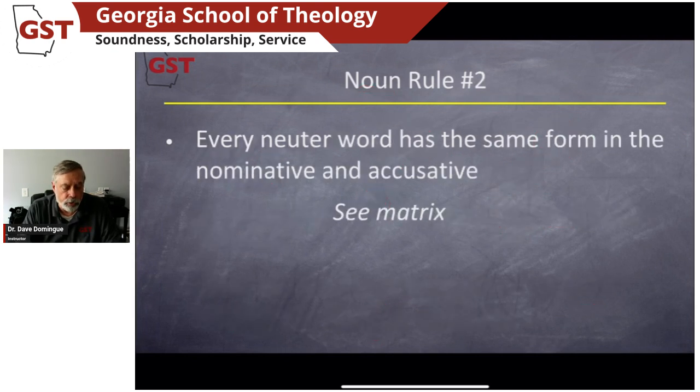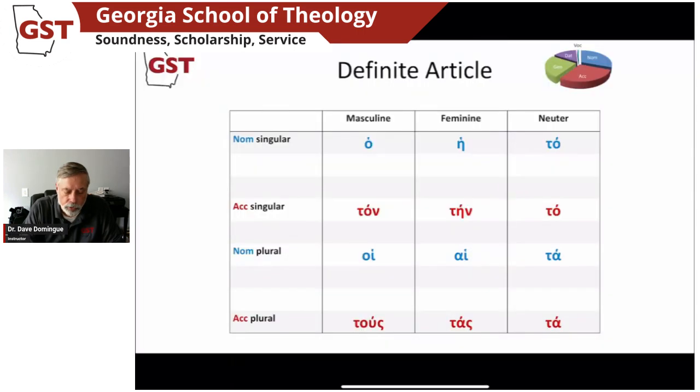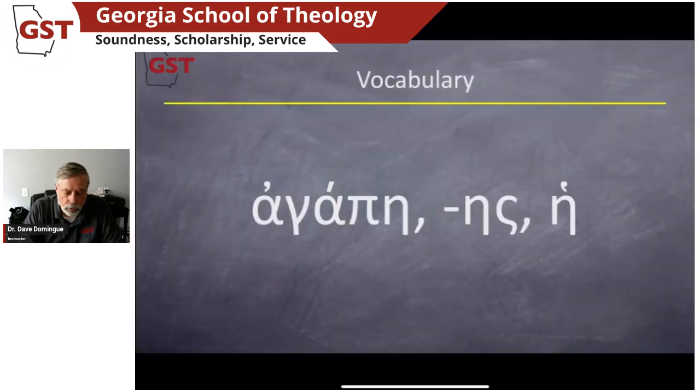Noun rule number 2. Every neuter word has the same form in the nominative and the accusative. What is that? It's going to be a noun ending, nominative and accusative, right? And so if we go to that matrix, that's the article, go back up.